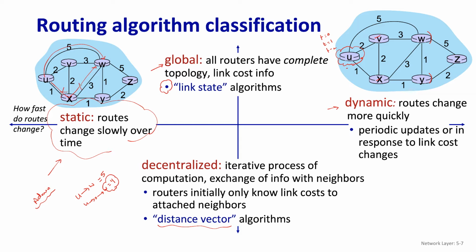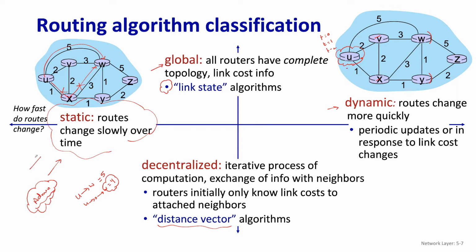I will not consider this one. So this is the meaning of static. That means the routes will be defined by the administrator, and the router has no role in computing the best route to move from one end to another.